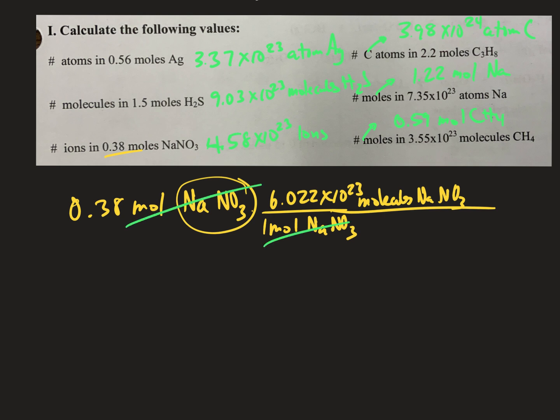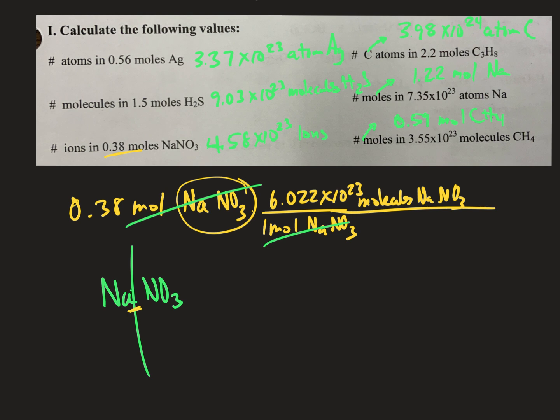All right, do we have any ions in sodium nitrate? What kind of compound is sodium nitrate? It's ionic. It's made of ions. How many ions are in 1 molecule of sodium nitrate? 2 of them. We split between the cations and the anions.